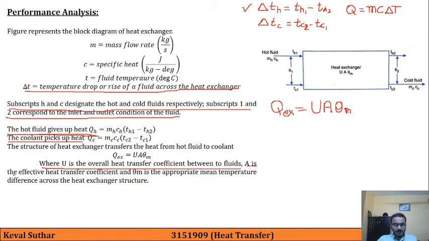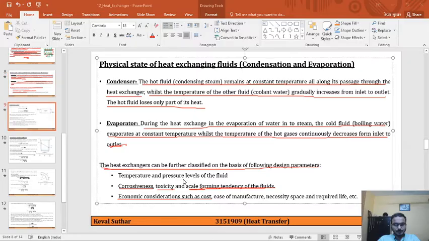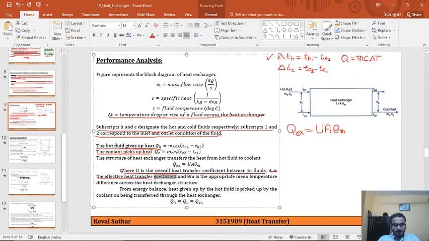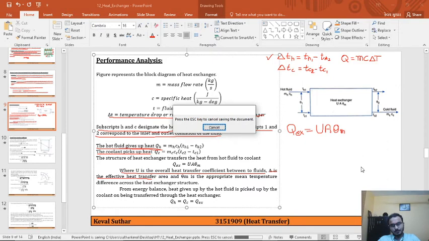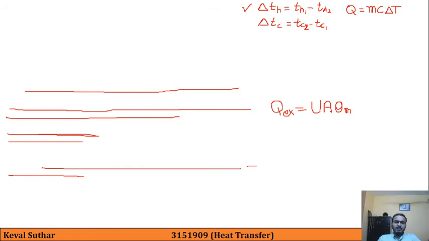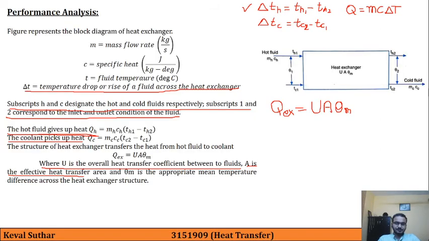A is the effective heat transfer area, and theta m is the appropriate mean temperature difference across the heat exchanger structure.